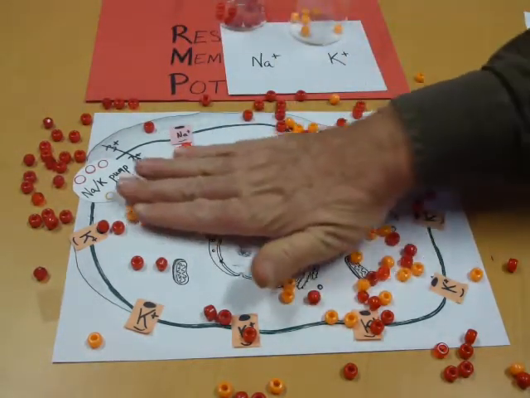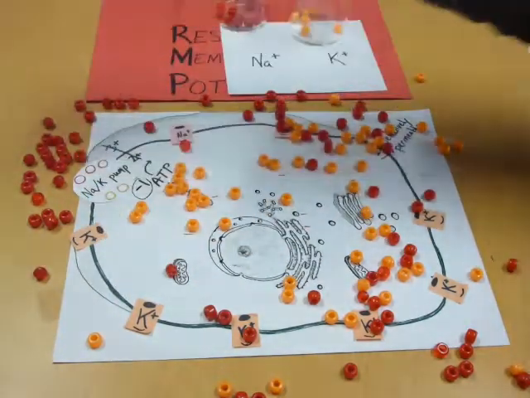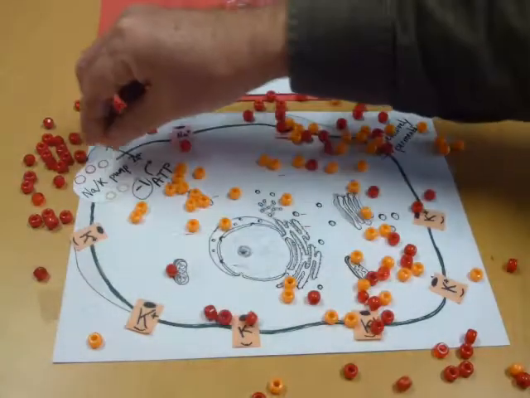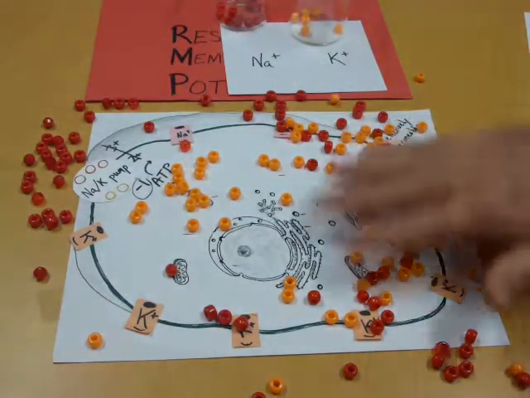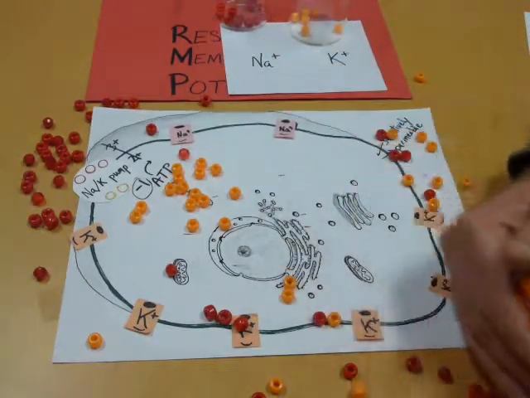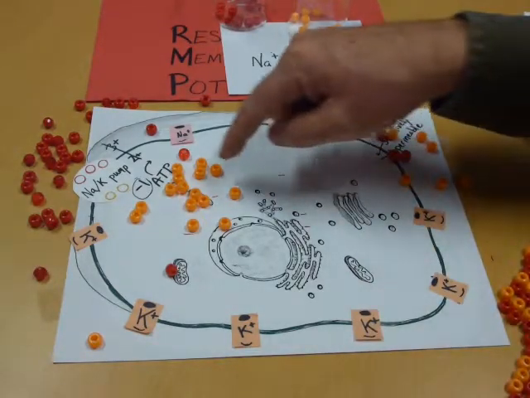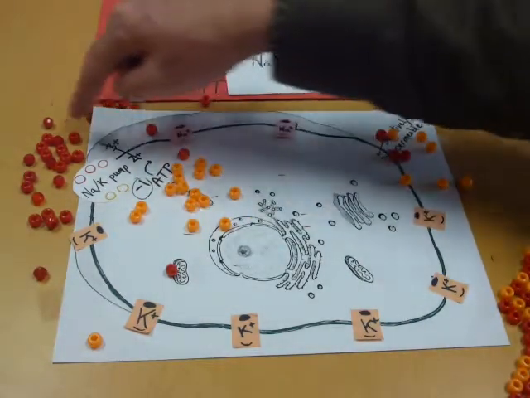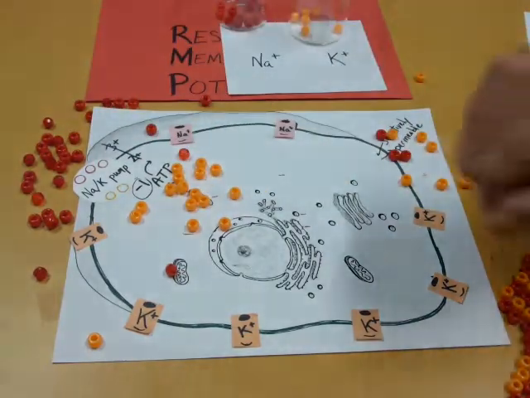You'll notice, at least over in this area, let's get rid of these guys. 3 go out, and 2 potassium come in. Leaving aside all of this mess over here, let's just take it off and clean this up a little bit. I can see that I've built up a difference between the outside and the inside. That sure looks like potential energy to me.